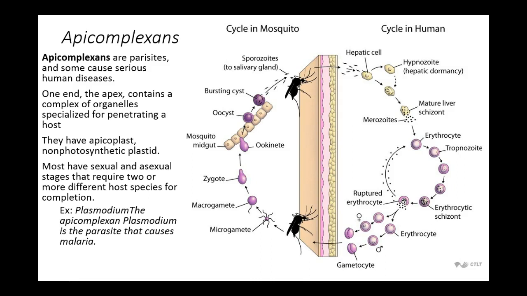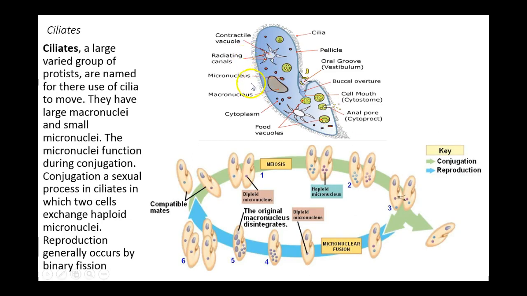So you have both a male and a female gamocyte that is then ingested by the second mosquito. That turns into a zygote. That zygote turns into a cyst that can start the whole thing over again. This is the sexual and asexual stages where you have two hosts of this disease called malaria.